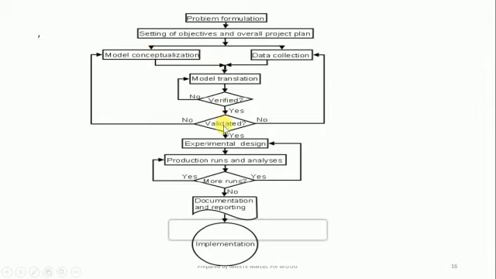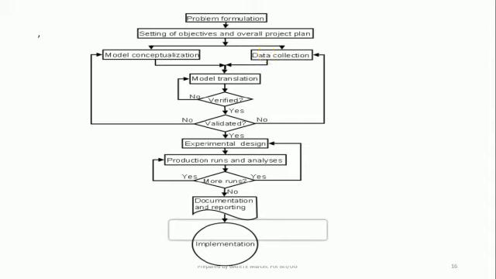If you have validated your system, it means that you can go to model conceptualization or you can go to data collection, no problem. For example, you will go to data collection if the model conceptualization has no problem, or you will come here if there is no problem with data collection.